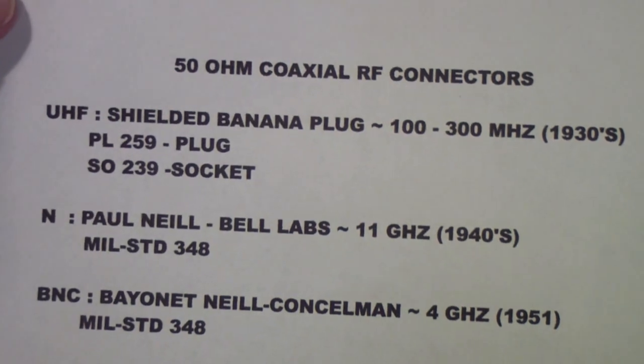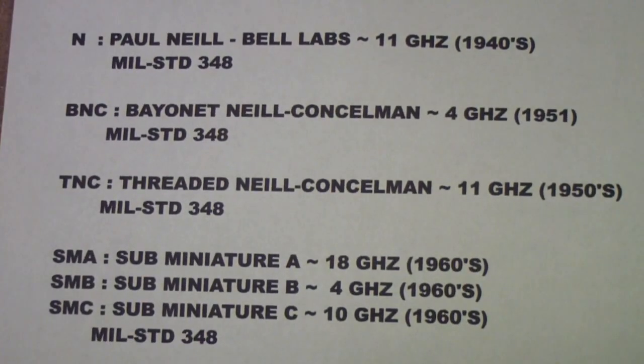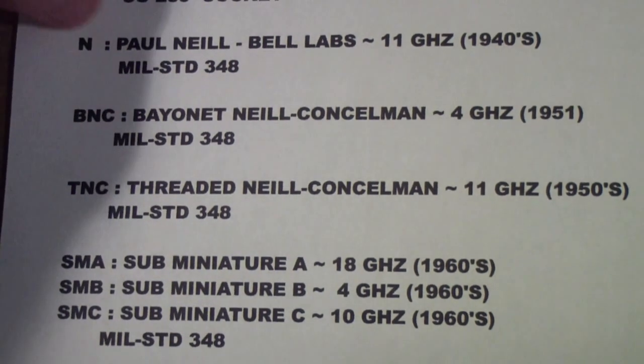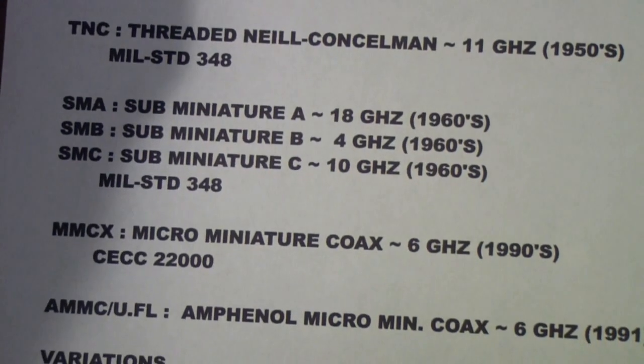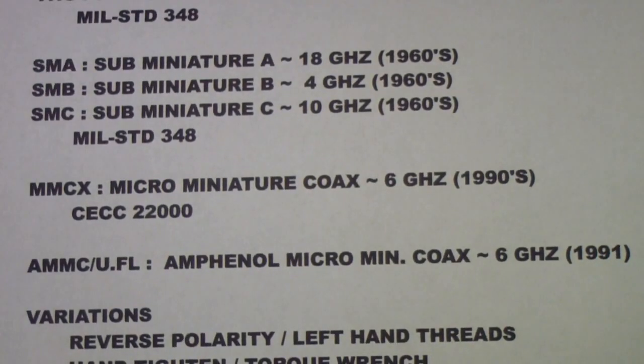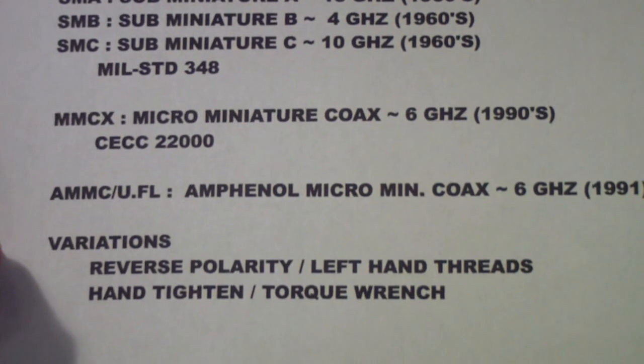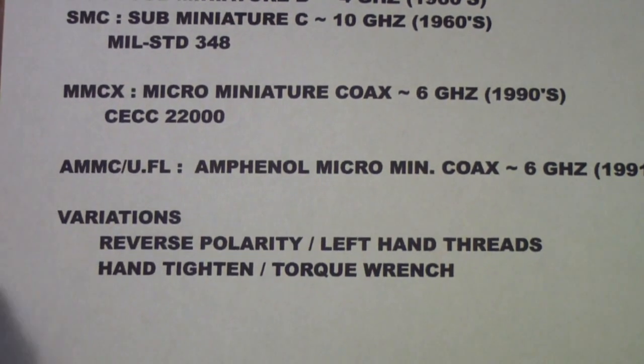We're going to talk about others as well, including the N connector, the BNC connector, the TNC connector, and then get into some of the more modern, and by modern, a lot of these go back to the 60s, but still, things like SMA, SMB, and SMC connectors.